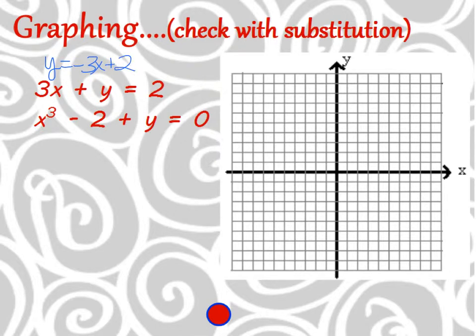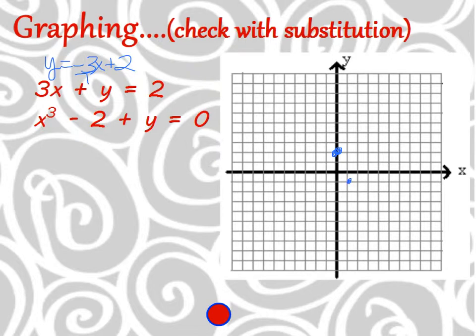Okay, so to graph a line, I've got to look at my y-intercept. The y-intercept is this b value on the mx plus b. So it's going to cross at 2. All right, and then I'm going to count my slope. Think of that as a negative 3 over 1. So I would go down 3, right 1, and put a point.